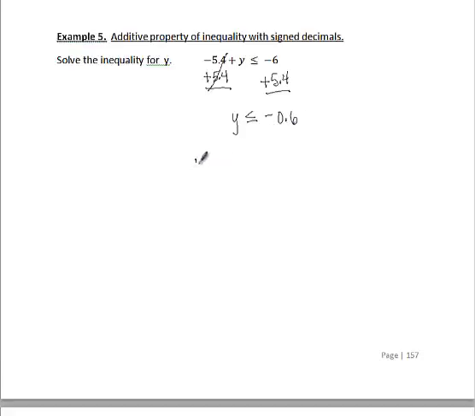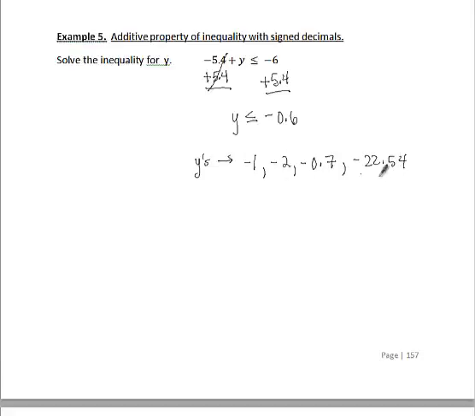And so just a few examples of some numbers that would satisfy this inequality would be negative 1, negative 2, negative 0.7, okay, negative 22.54.